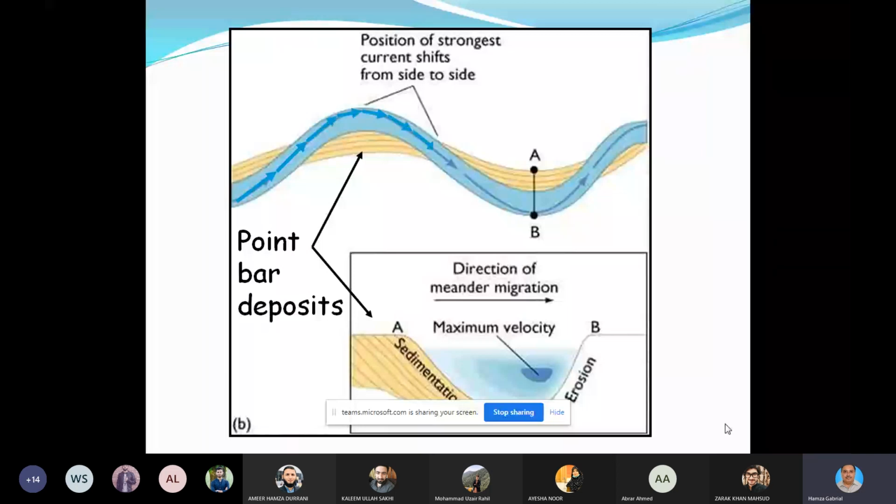So the inner portion is known as the point bar, and the outer is known as the cutoff point. So the inner portion will have the depositional characteristics because the sediments are deposited there, and at the convex or outer side, the sediments are eroded.